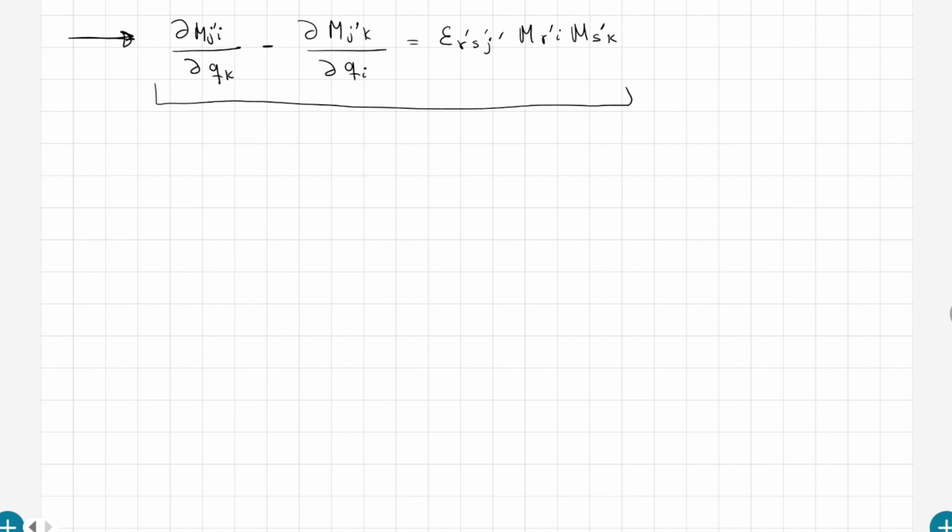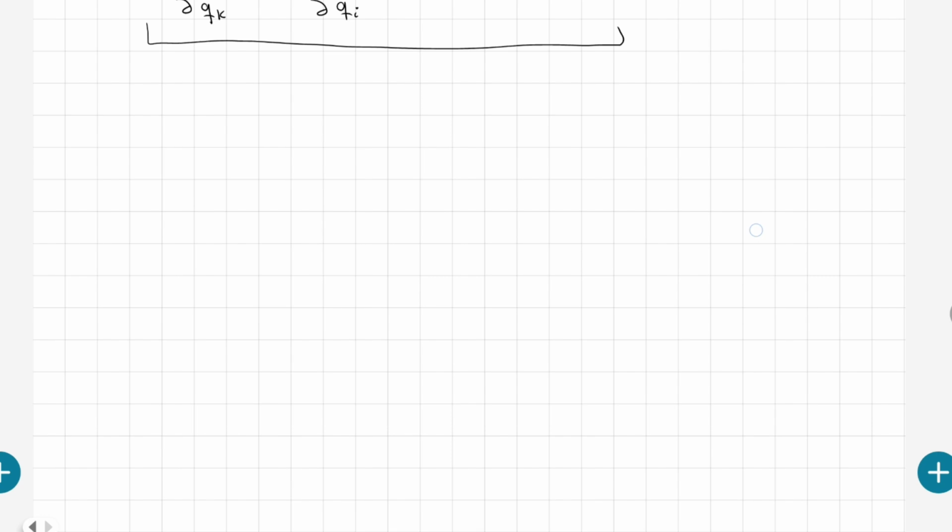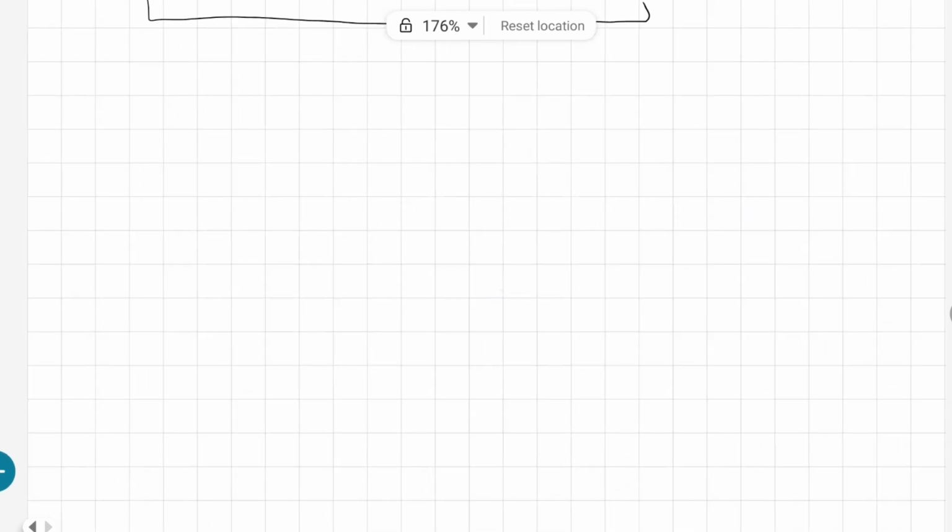Remember that in the lesson talking about the inertia tensor and the kinetic energy of a rigid body, we found that the Lagrangian of a rigid body can be seen as 1/2 of the components of the inertia tensor I_jk times the angular velocities, minus some potential energy, of course.